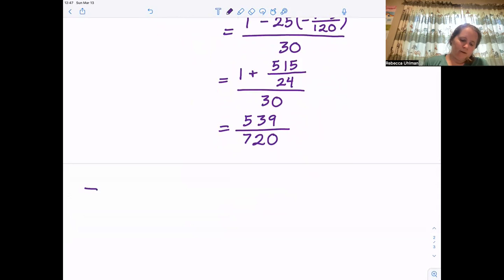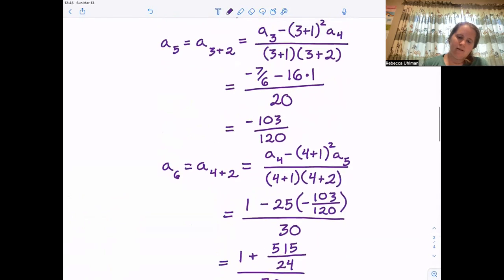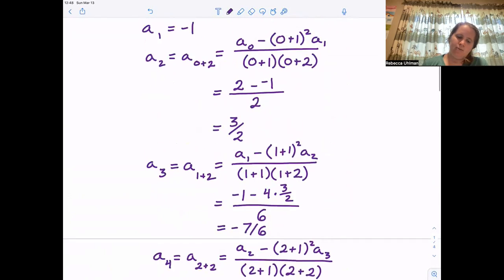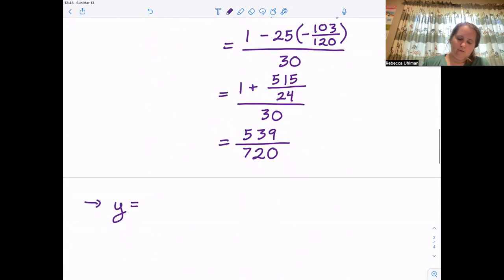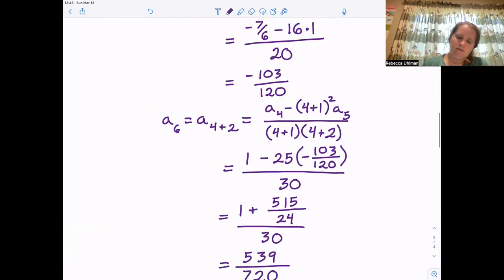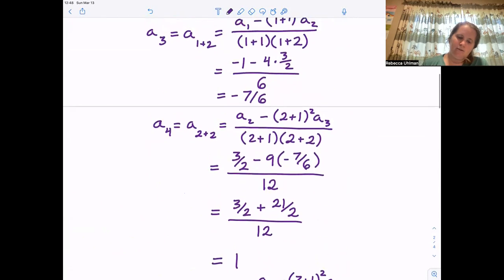So we have that our y, we can write this as a0 was 2, a1 was negative 1. So we have 2 minus (x minus 1) plus our a3 was negative 7/6.